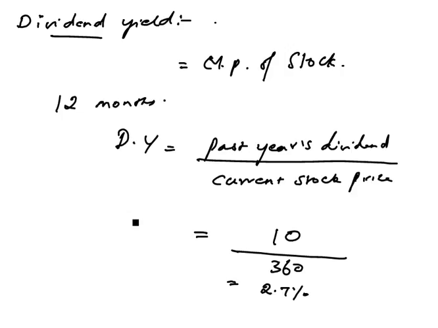Historically, higher dividend yield has been considered to be desirable among investors. So if the dividend yield is higher, then it is very attractive among investors, whereas lower dividend yield is not that attractive. And also, if the dividend yield is higher, then the stock is underpriced.